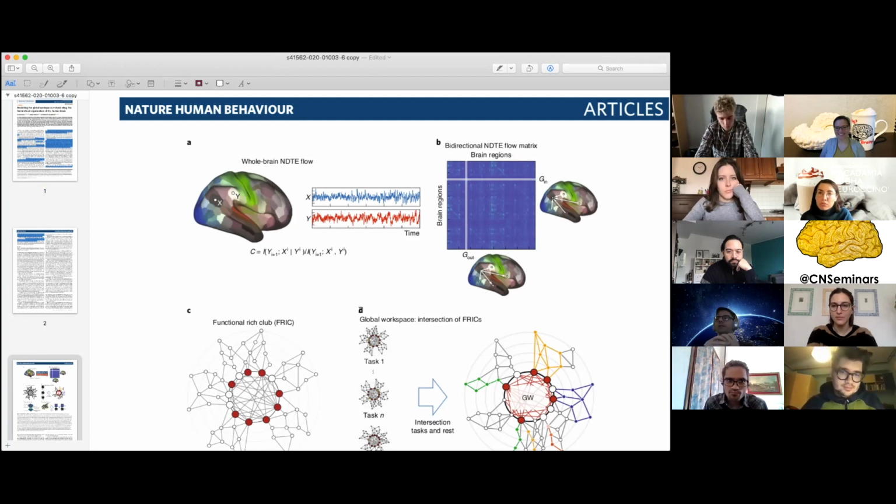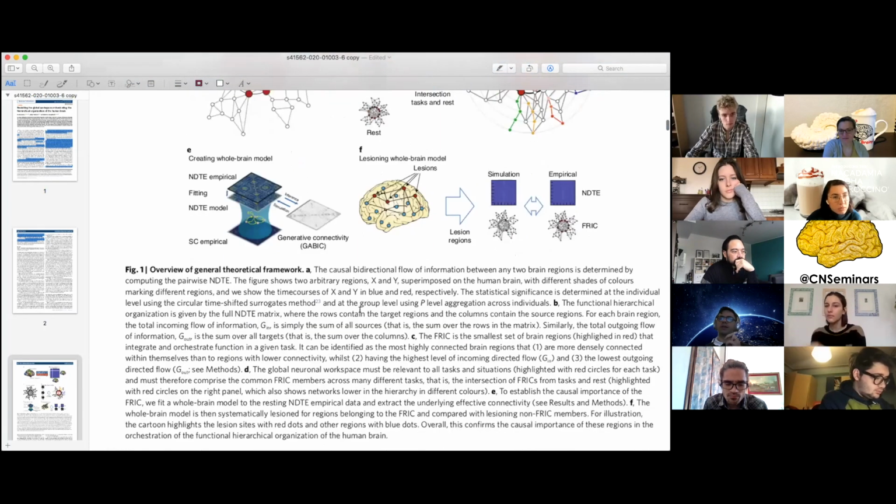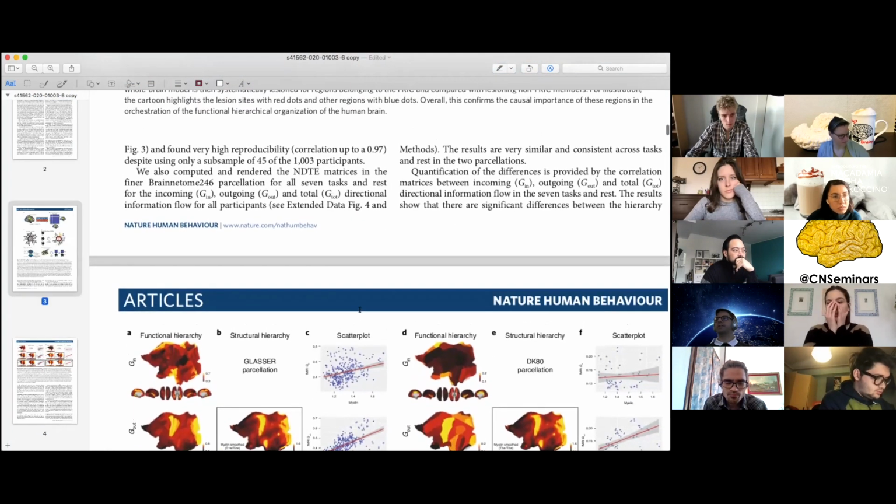And what I forgot to mention is that in the discussion they also link it up with the gradient theory, because you can see that mainly the core of the FRIC is inside the principal gradient, and most of the input is coming from motor cortices. It's like this colors the gradient theory with a directional, mechanistic functioning, as far as I understood. It's a really good paper. I really like the perspective.